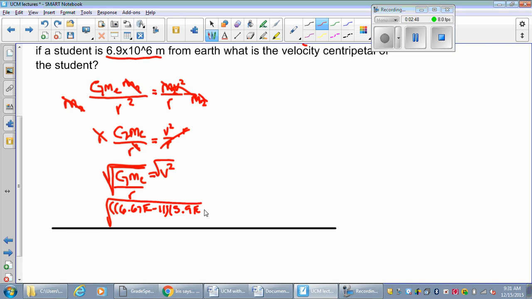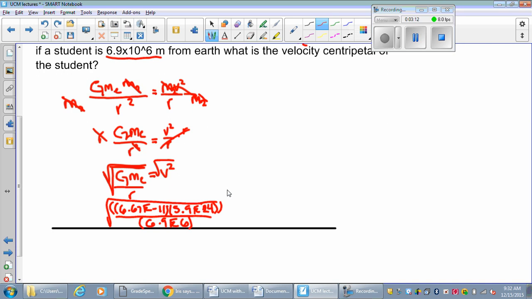E24. And then we're going to divide by the radius, which is this right here. That's what we labeled, 6.9 E6. All right, I have parentheses on this as well. Put this on the calculator.